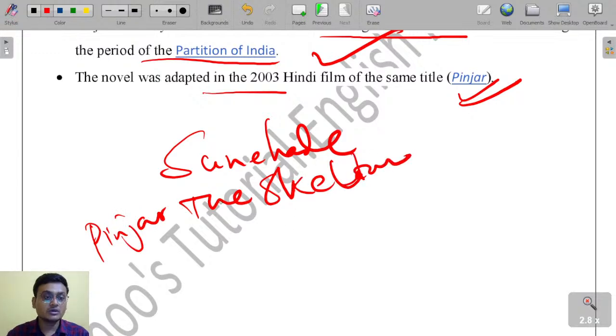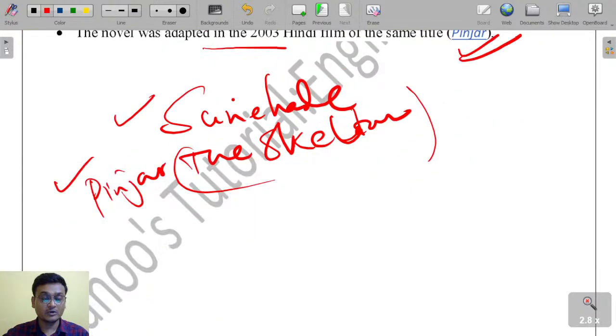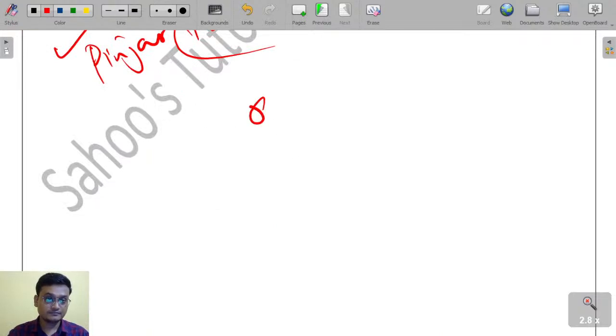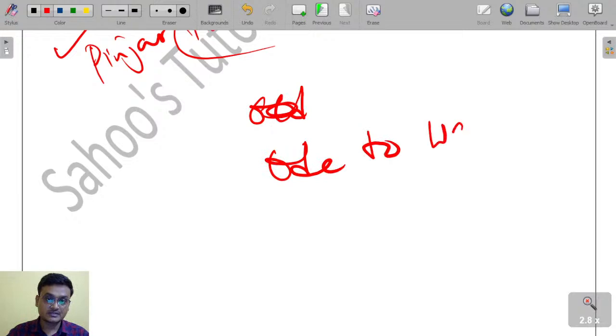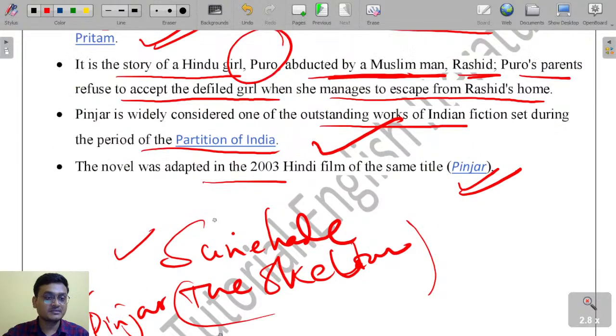Then you have Aj Aakhan Waris Nu. So these are three important works by Amrita Pritam.